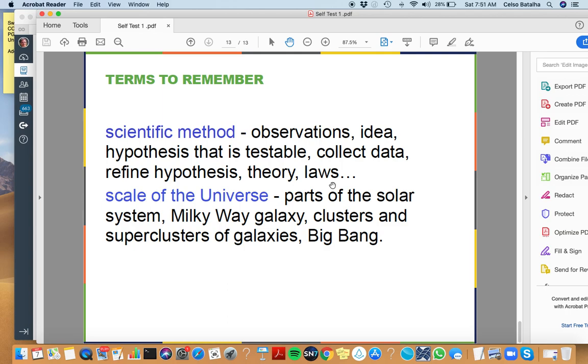So, key points of chapter 1: the scientific method. You observe, you create an idea, and that idea has to be testable. For instance, in science, I cannot discuss God or angels. This is not part of the communication.